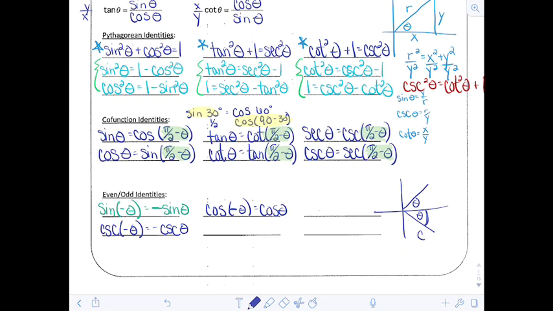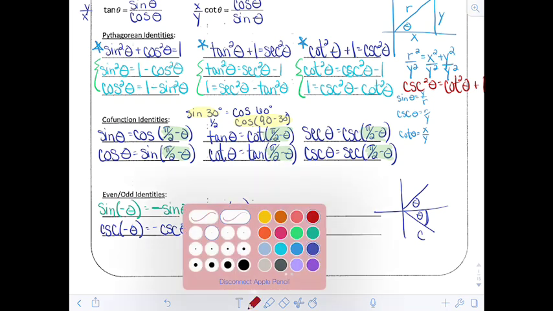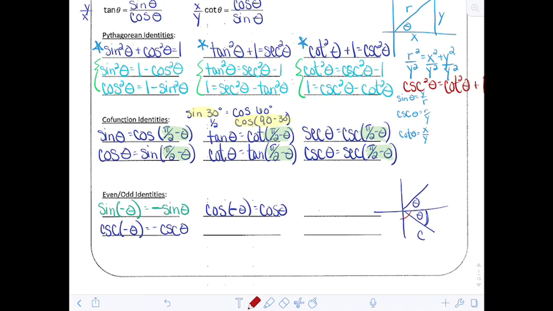And then even if we rotated into the third quadrant, if we went back here, negative theta, we'd have that reference angle. Well, cosine would be negative, and then if we rotated this way, that would still be negative.